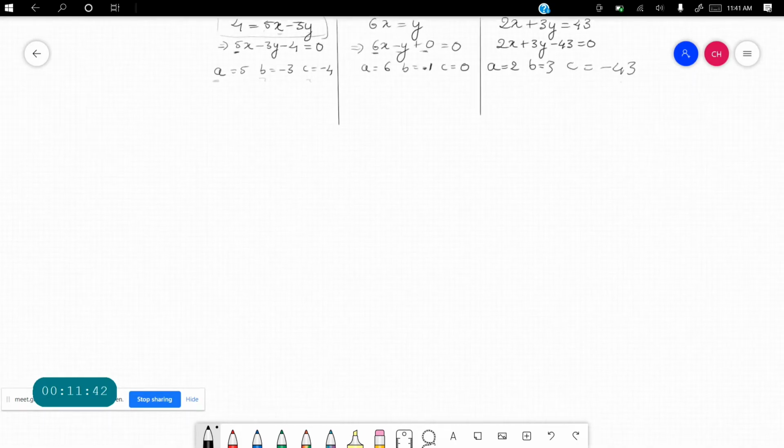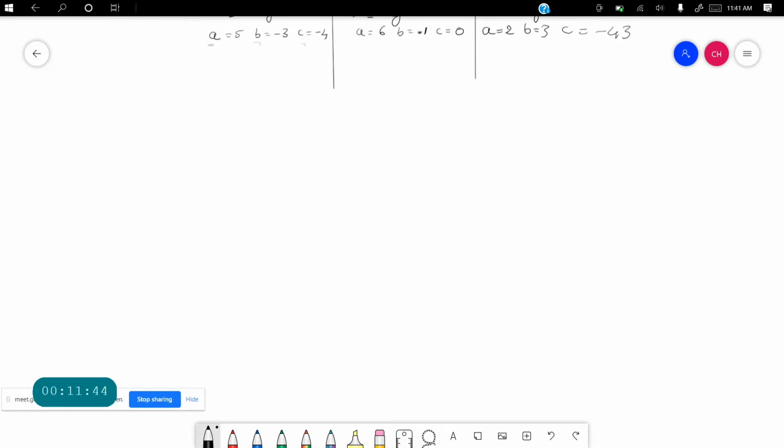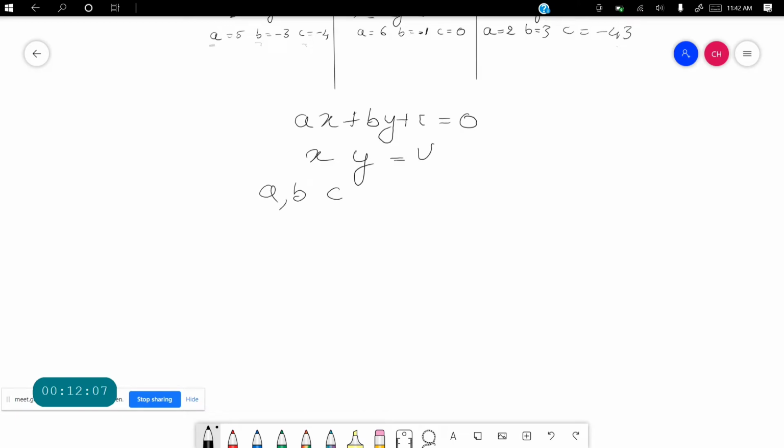So by this, what did we understand? Any equation that can be put in the form ax plus by plus c equals 0 is called a linear equation, given the conditions that x and y are the variables, and a, b and c should be real numbers.